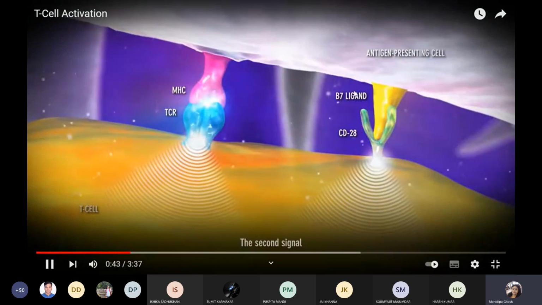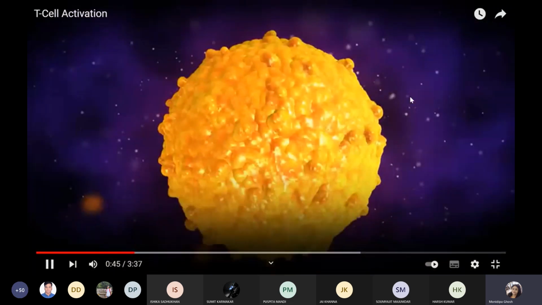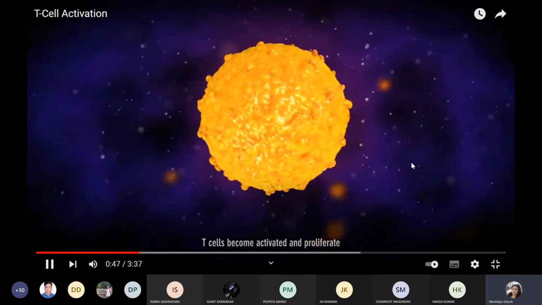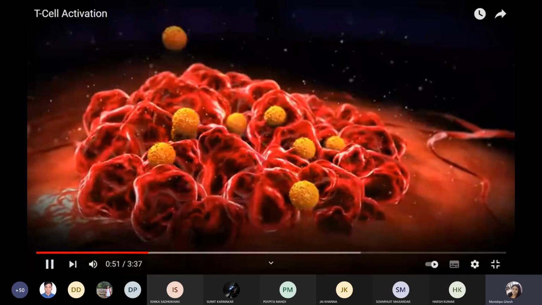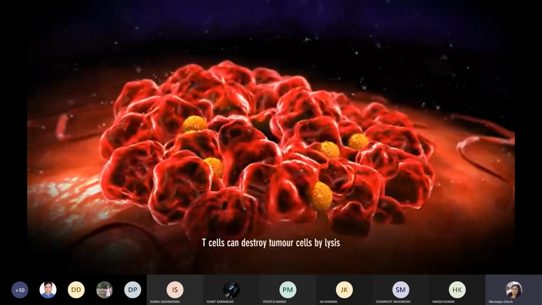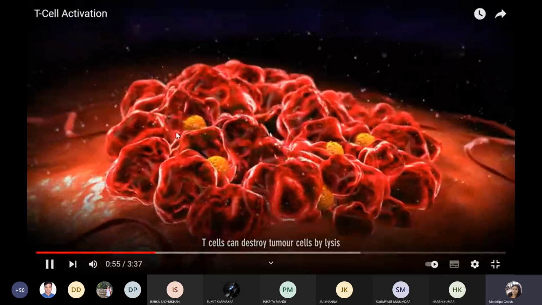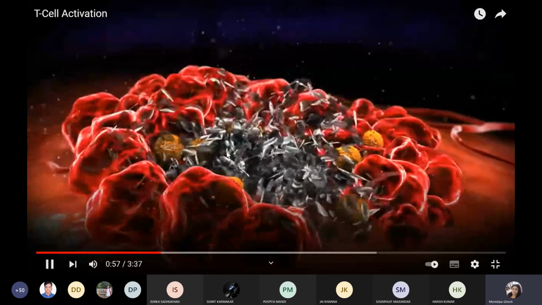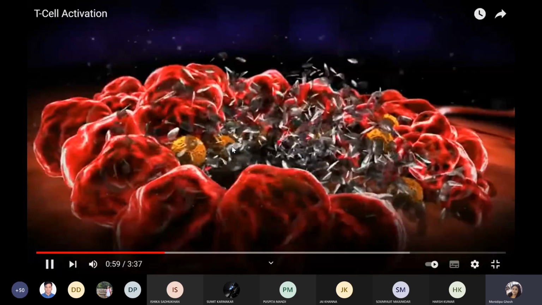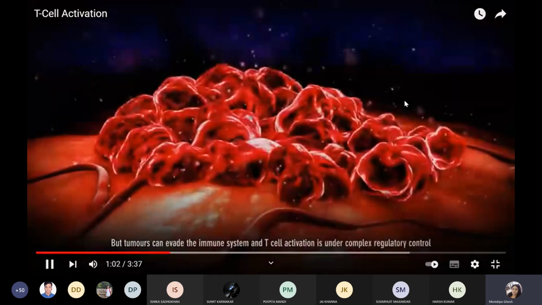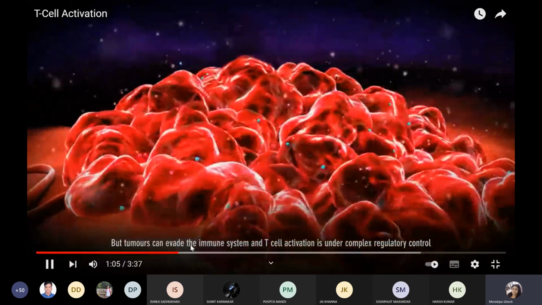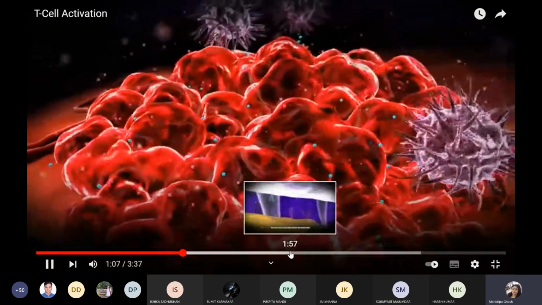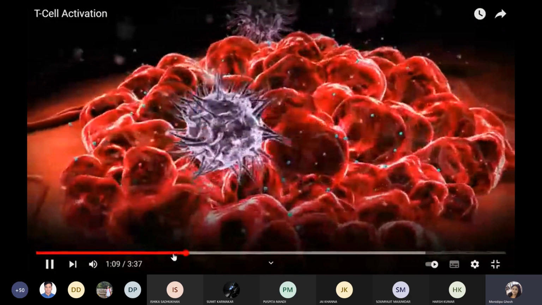Other co-receptors, the B7 ligand and CD28 over the T cell, also interact. This mediated activation of the T cell helps to multiply the T cell. But the tumor can evade the immune system and T cell activation is seen.